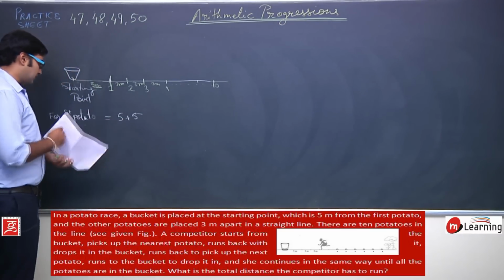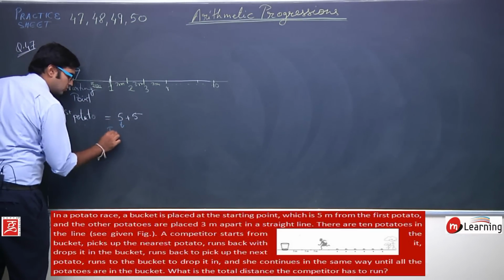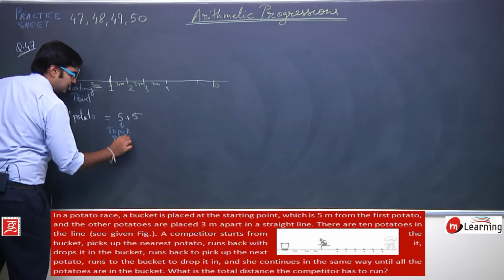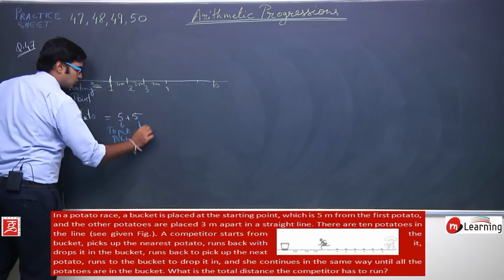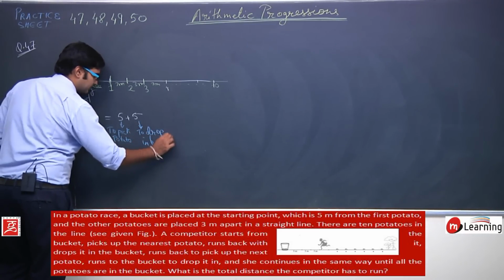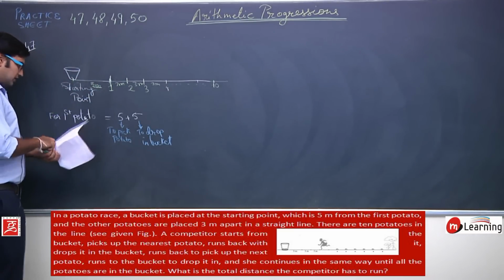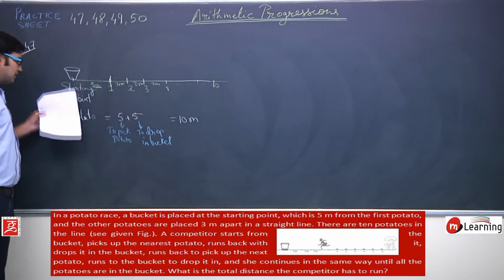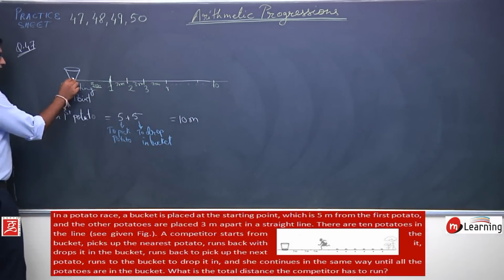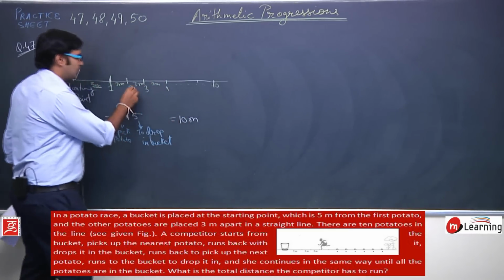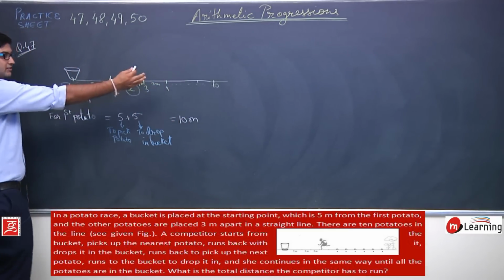The first 5 meter is to pick the potato, and the next 5 meter is to drop it in the bucket. So in all she needs to run a distance of 10 meters to put the first potato in the bucket. Now when she puts the first potato in the bucket, she is again standing at the starting point.